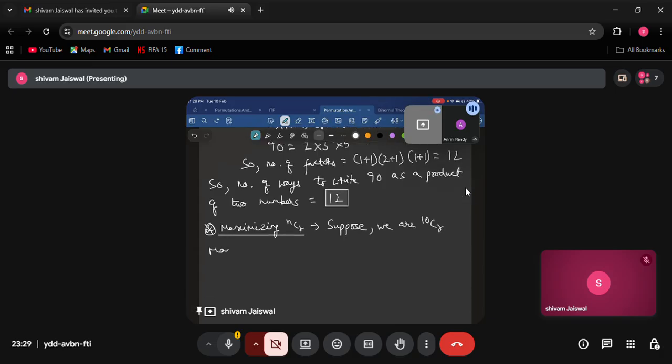What do you think? What should be the maximum value of 10Cr? 10C5.